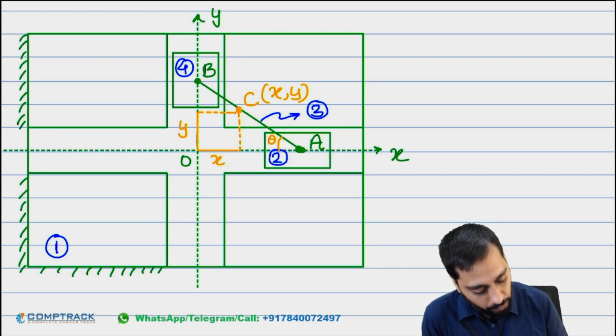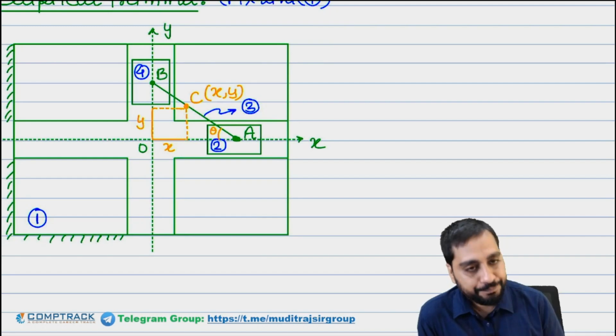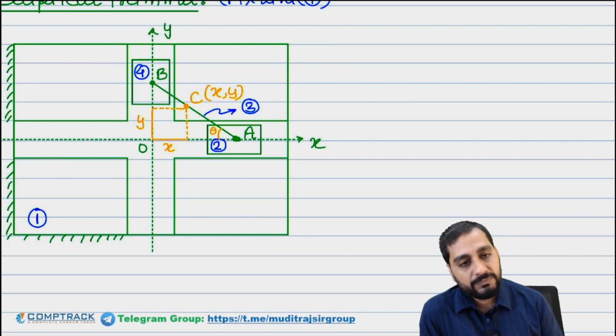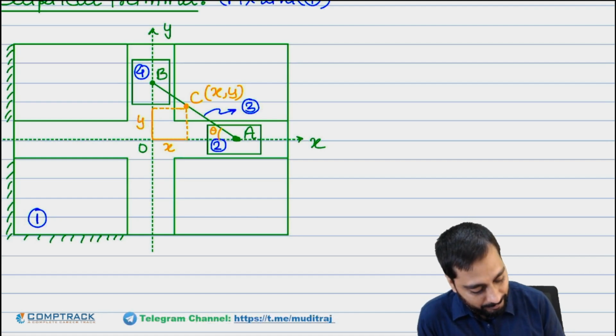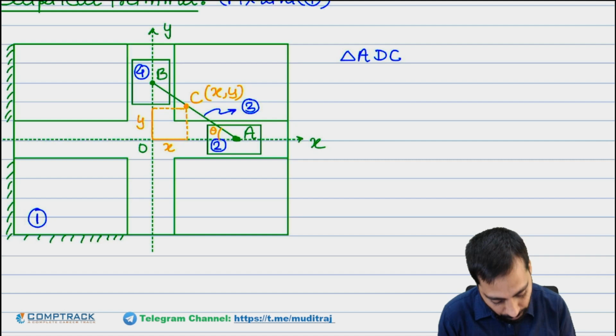Now for the analysis, write down here. First thing, consider the triangle ADC. What is the D point? This will be your D point.